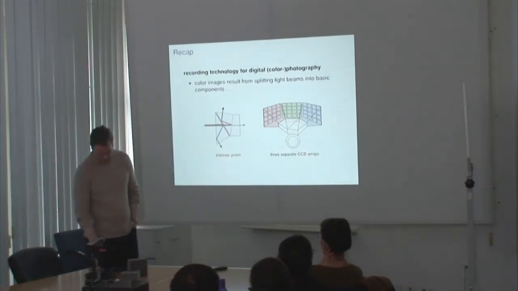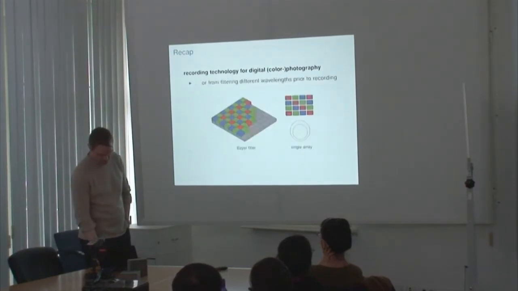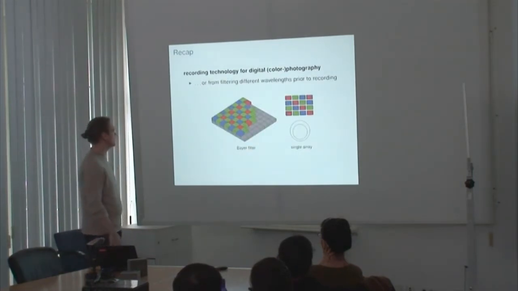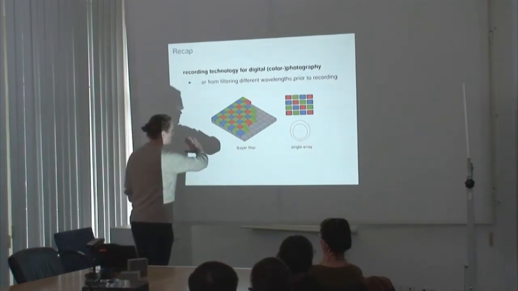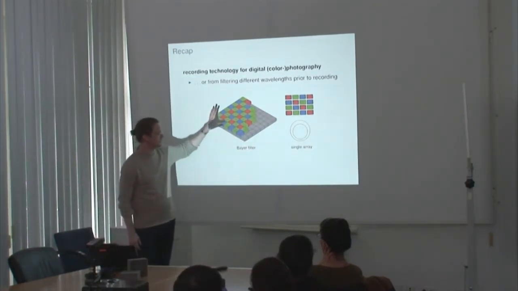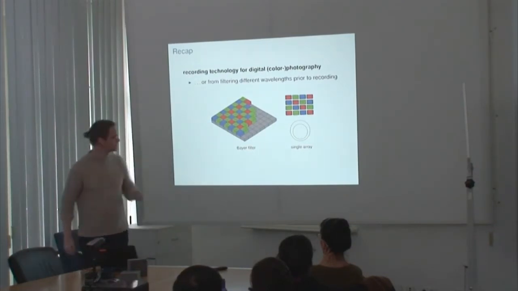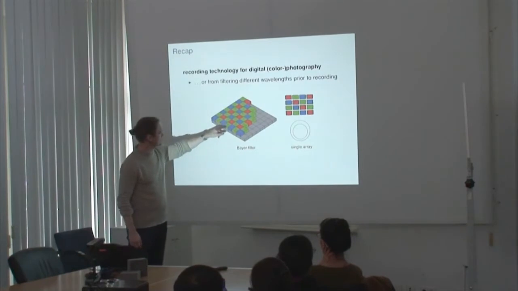So this is technology that is, well, not that expensive anymore, but still much more expensive than a simpler idea where we basically just have one CCD chip, but there is a filter superimposed over this image. These are lots of tiny shards of glass.